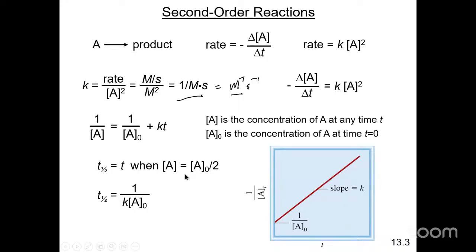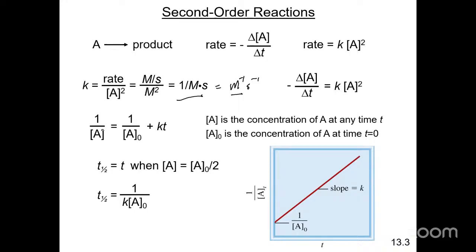Basically, after you collect the data for the concentration of A and time, we divide 1 by the concentration and we plot it versus time. That's what's shown here. 1 over the concentration of A at different times versus time. You're going to get a straight line graph. And if you look at this equation here, you can see that this equation is in the form of a straight line with a positive slope.